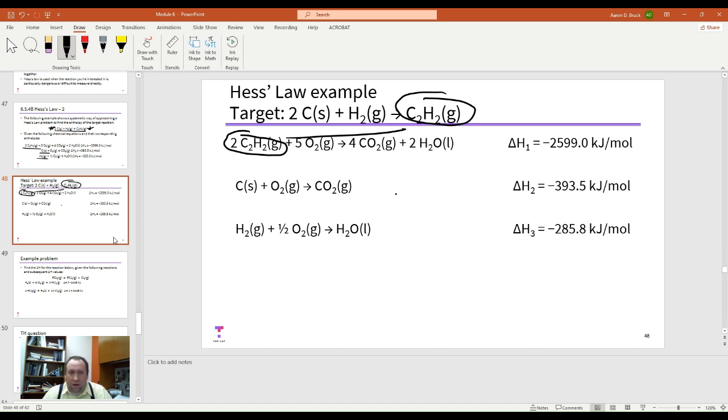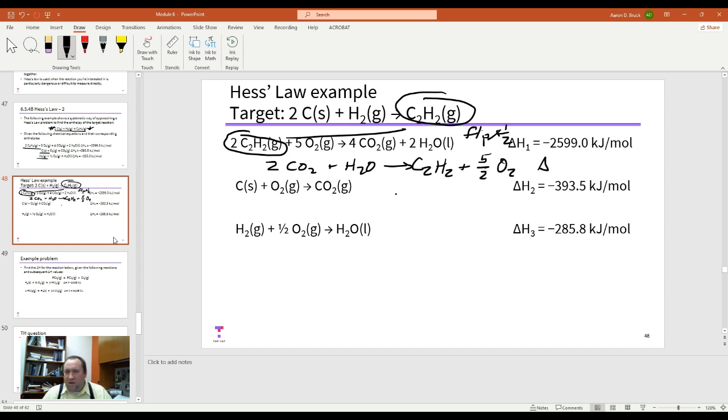And so I'm going to make a note for myself here. I'm going to flip and cut in half, so multiply by 1/2. That's going to, flipping it around, 2CO2 and H2O are going to make C2H2 and 5/2 oxygen.